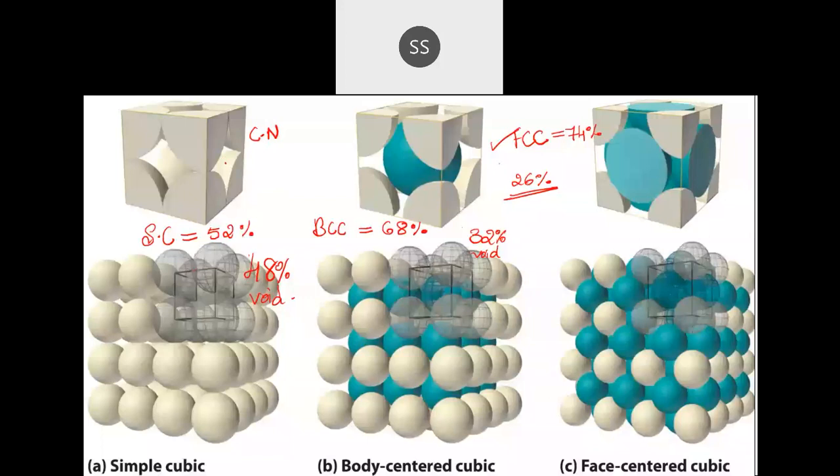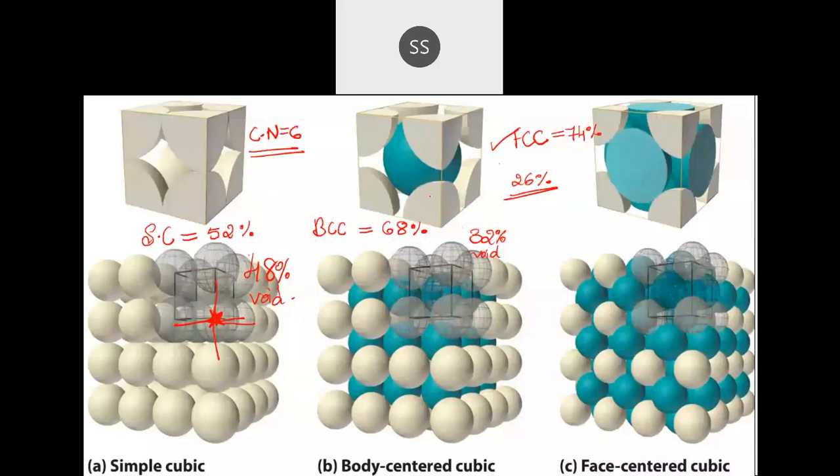Look at this atom: one, two, this behind, then here, above and below. Yes, 6 is the correct answer. Coordination number is 6 for simple cubic.